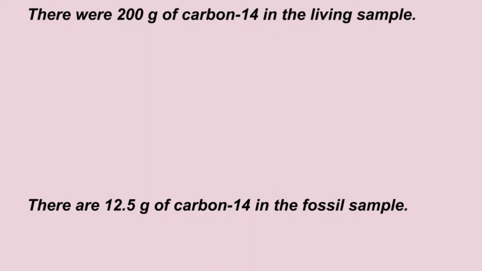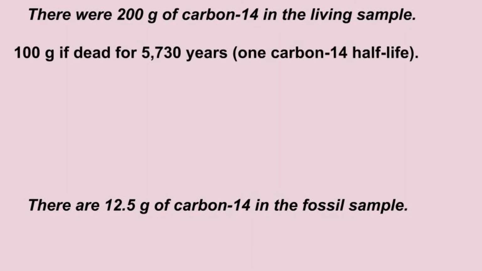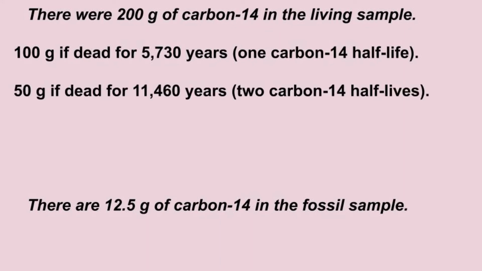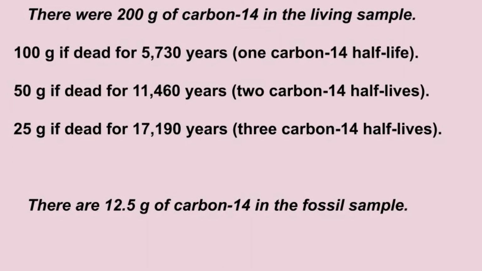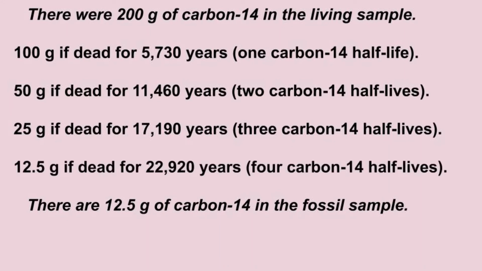There were 200 grams of carbon-14 in the living sample. There would be 100 grams of carbon-14 if it's been dead for 5,730 years, or 1 carbon-14 half-life. There would be 50 grams of carbon-14 if it's been dead for 11,460 years, or 2 carbon-14 half-lives. There would be 25 grams of carbon-14 if it's been dead for 17,190 years, or 3 carbon-14 half-lives.